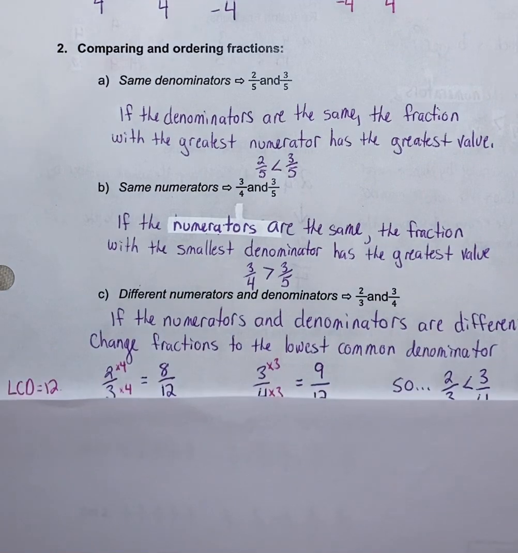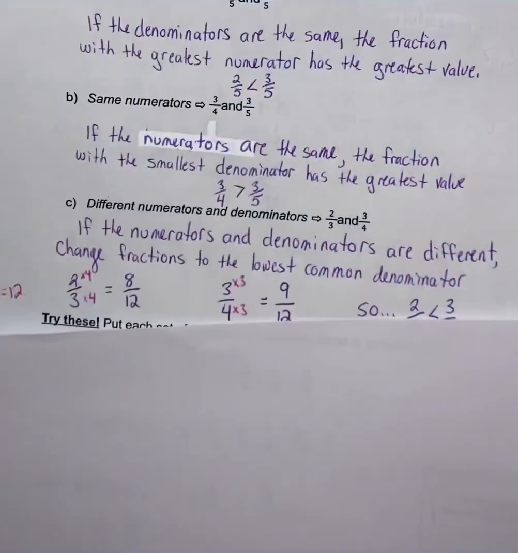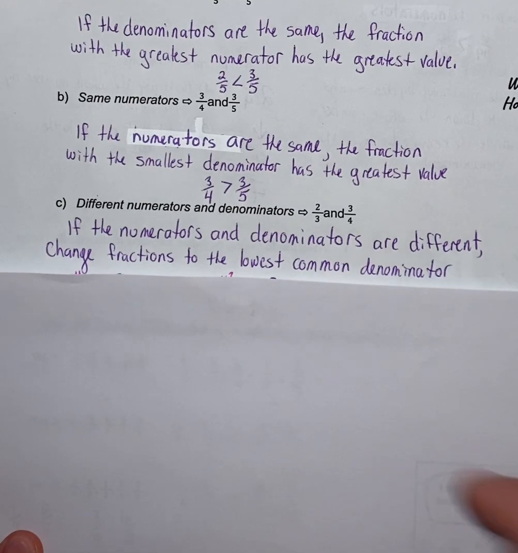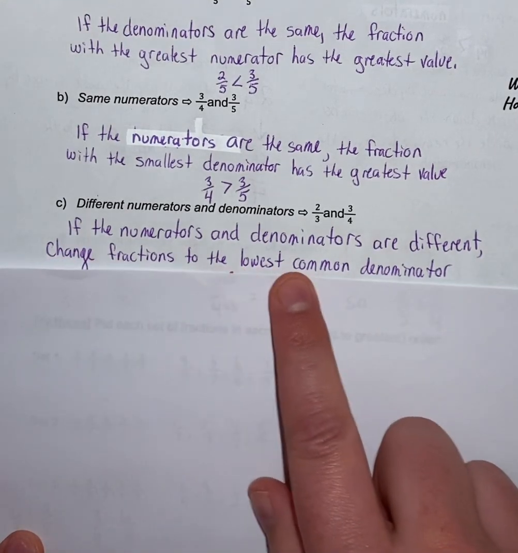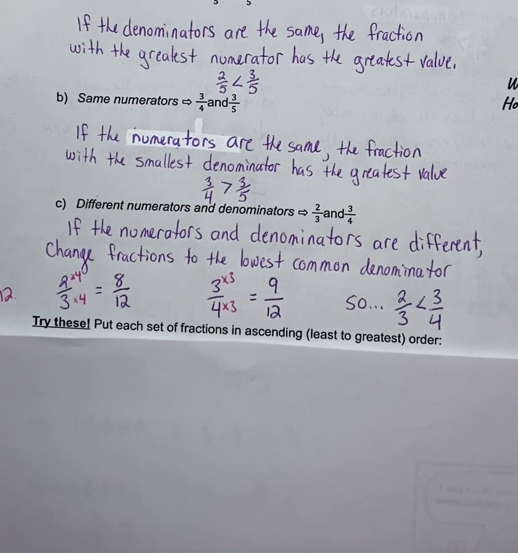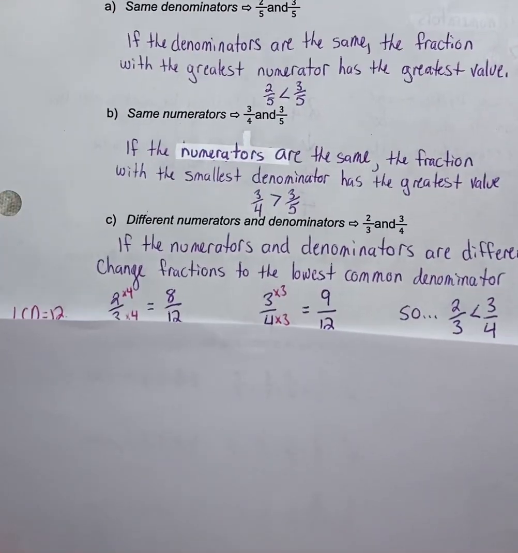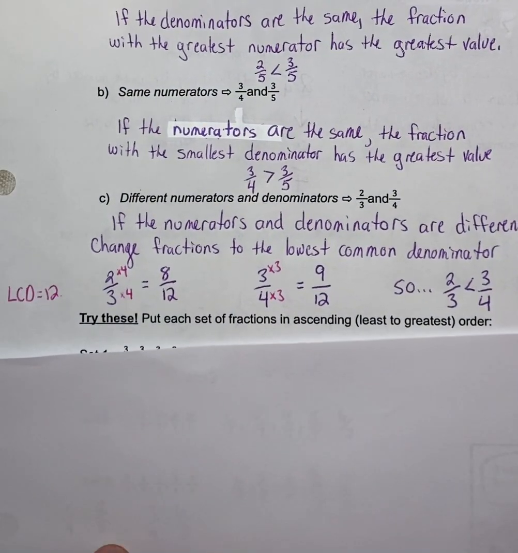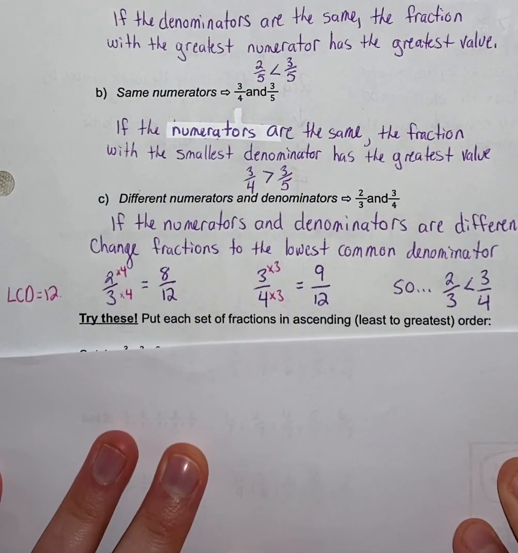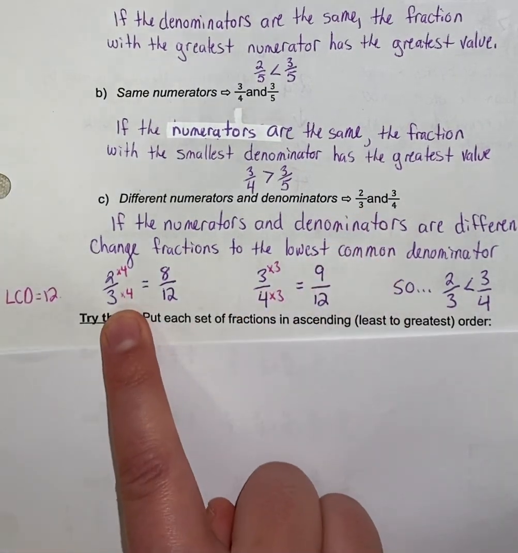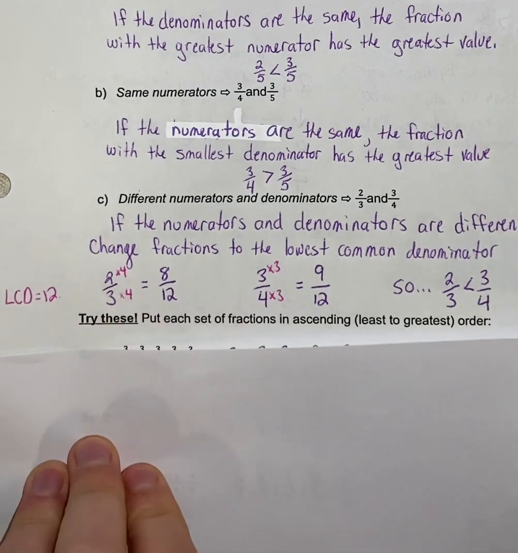All right. If you have different numerators and denominators, then you have to change the fractions into the lowest common denominator. So to do that, for anybody who's a little bit rusty from last year, our lowest common denominator in this case is 12. So that means I'm taking 2/3, and I've got to get a lowest common denominator of 12.